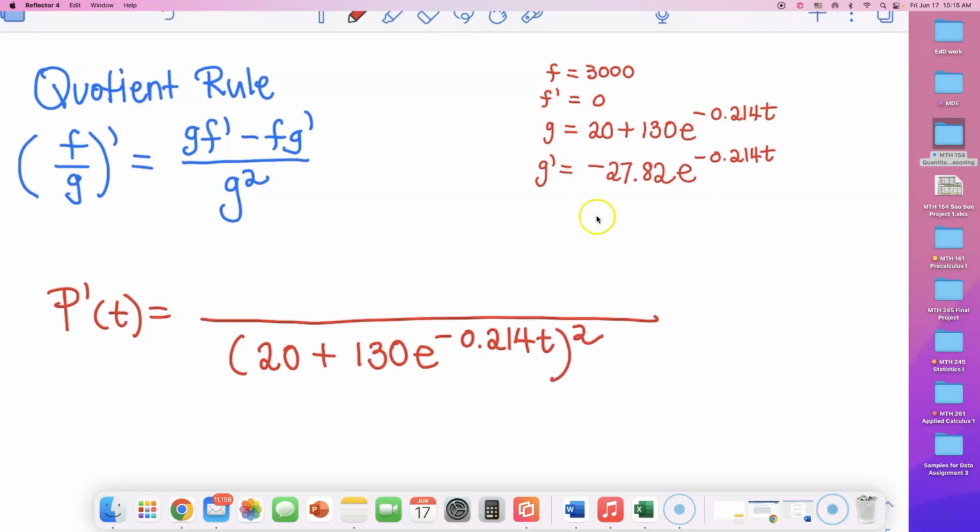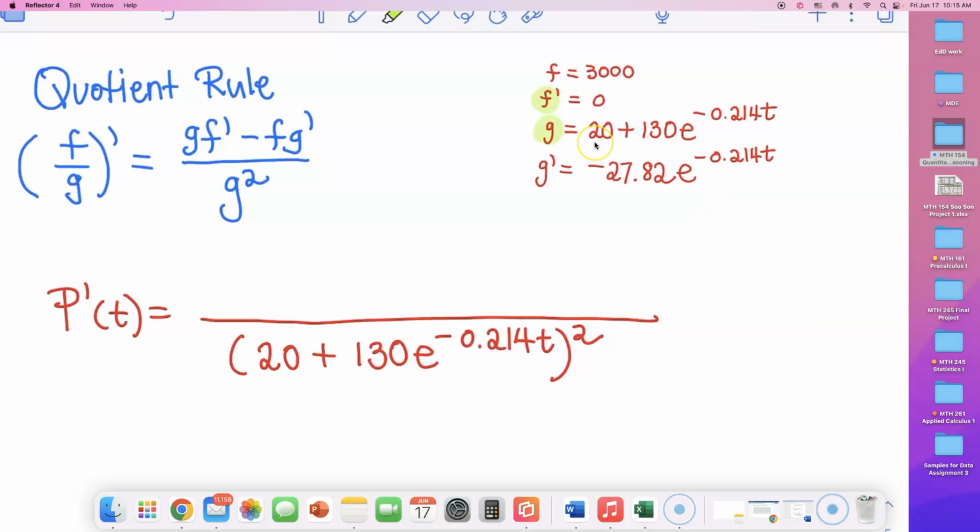So that's it for the denominator. Let's move to the top of the fraction. Top of the fraction, I have to say g times f prime.